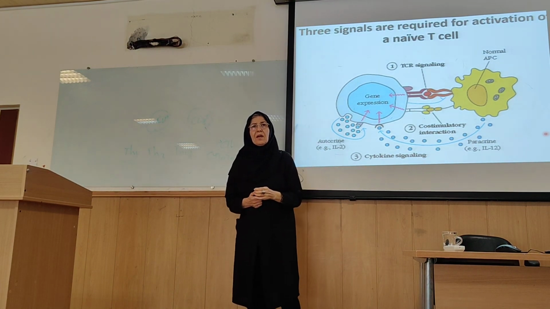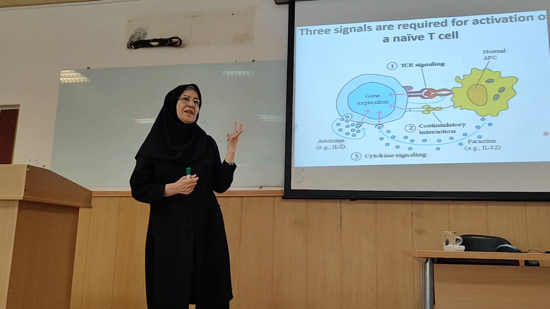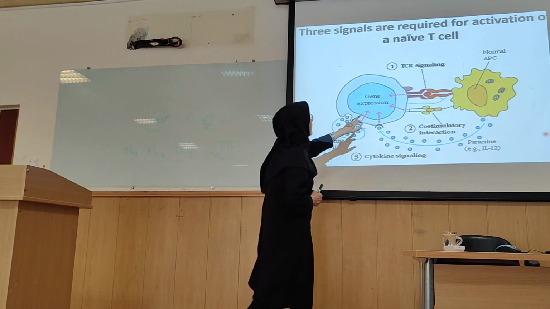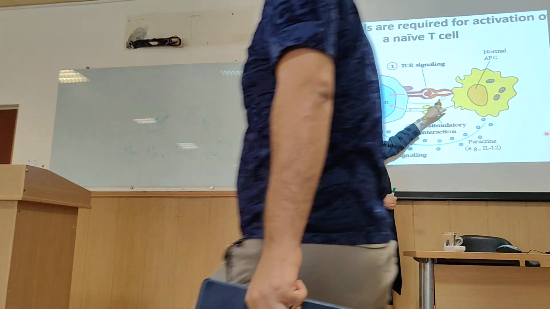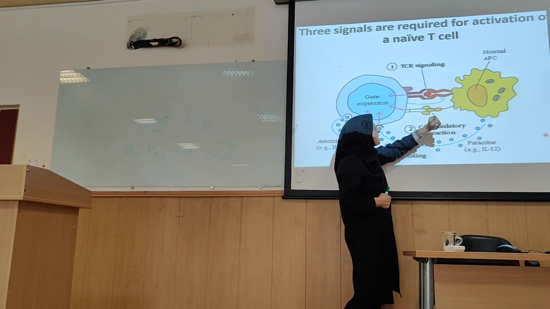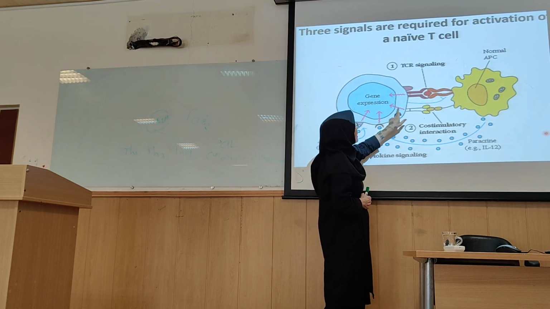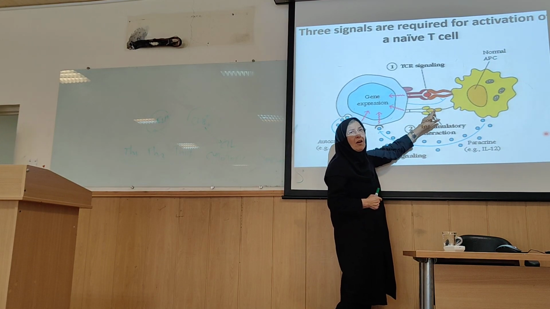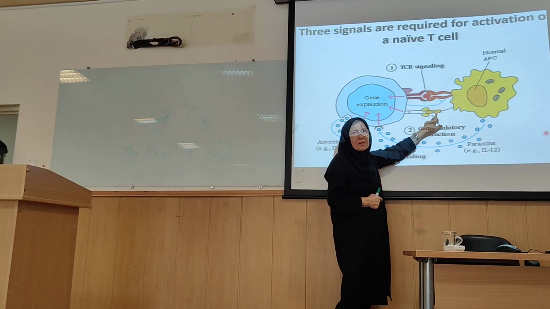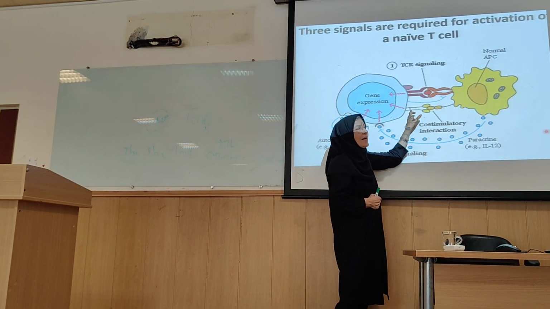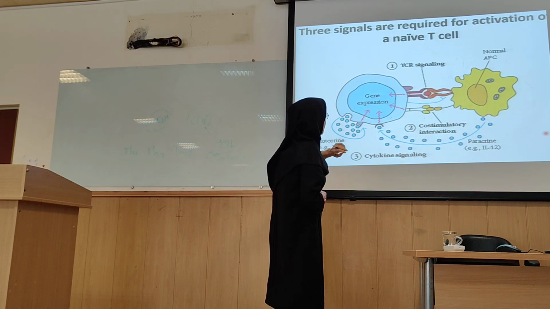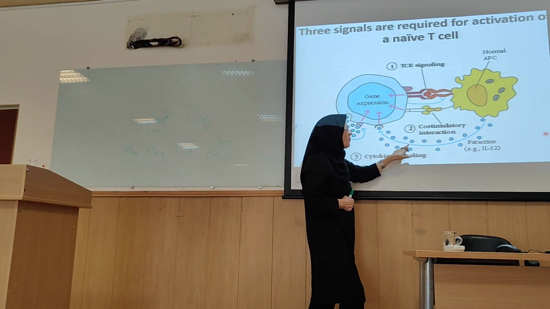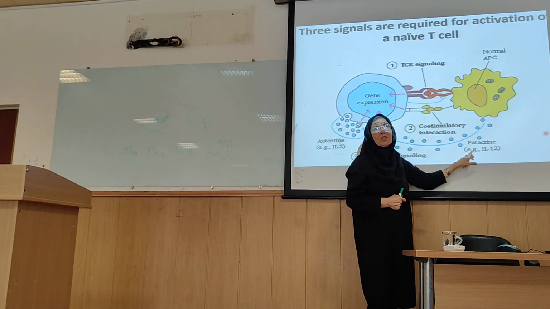For activation, T cells should receive 3 signals. One is from the binding of the TCR and MHC peptide. Another is from the binding of the co-stimulatory receptors, B7 and CD28. And the third signal is induced by cytokines.